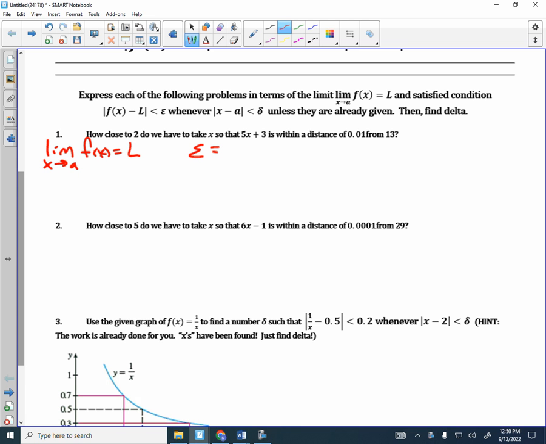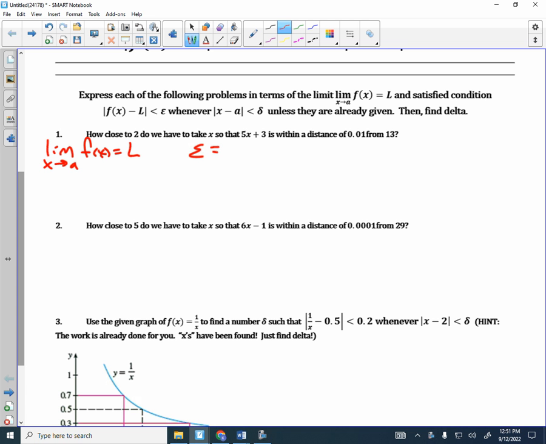In this example right here, the question is how close, so it's just framed slightly differently, how close to 2 do we have to take x so that 5x plus 3 is within a distance of 0.01 from 13? Looks a lot different, doesn't it?